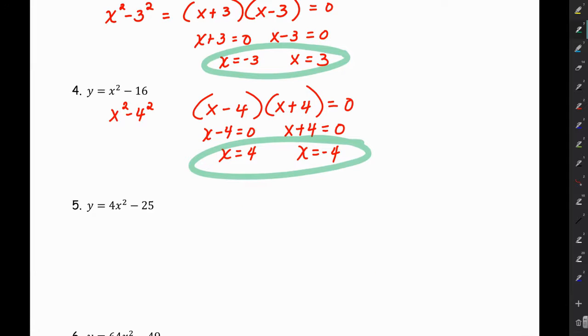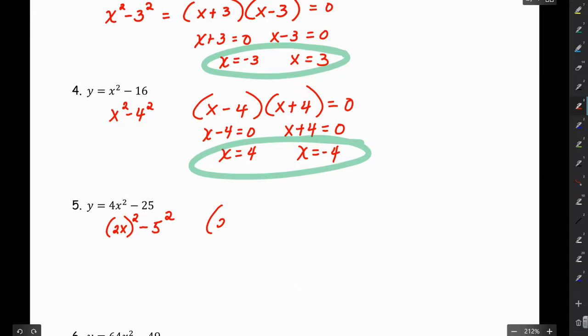All right, we do have the difference of squares again with number 5. Let me rewrite that. I can write this as 2x squared minus 5 squared. So just like before, whatever was under the square is what you're writing in your binomials. For this guy, this would be the first part of each binomial, and then 5 would be the second part of each binomial.